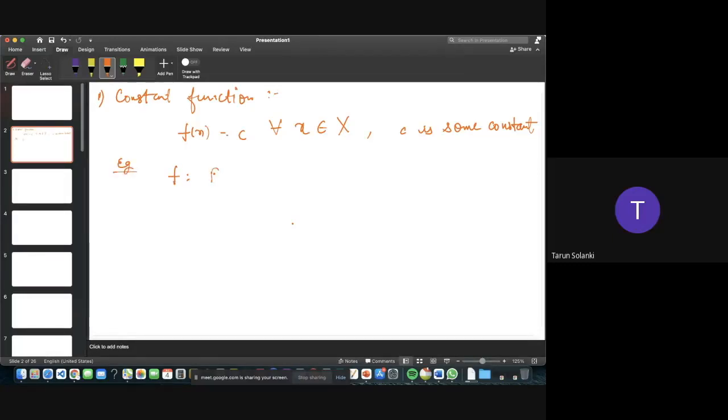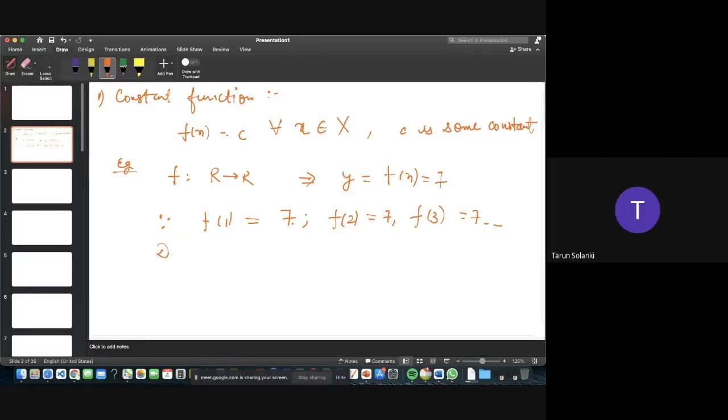Okay, so for example, if we take f: R to R defined by y = f(x) = 7, it is a constant function. So f of 1 is 7, similarly f of 2 is 7, f of 3 is 7, right?